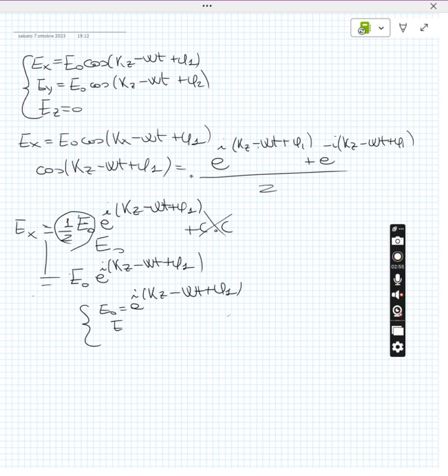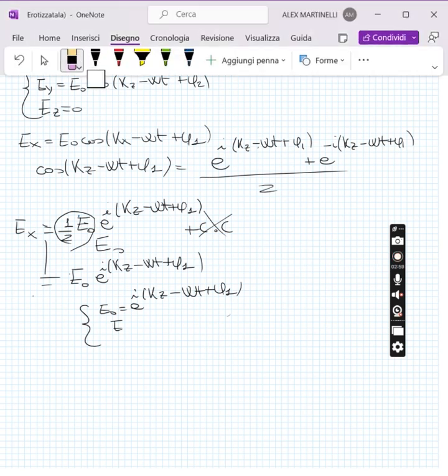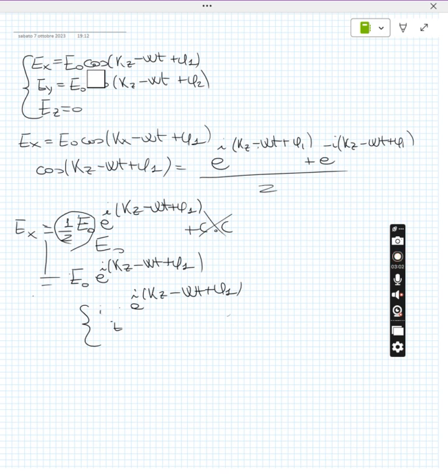The same for y. X is equal to E0 times this term, and Z is equal to 0.